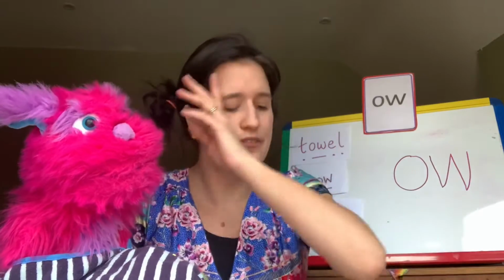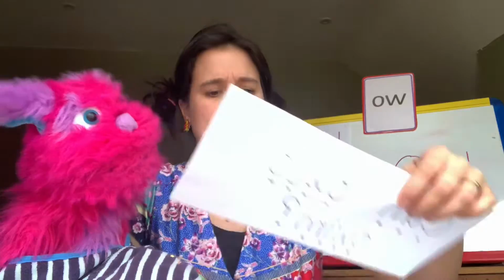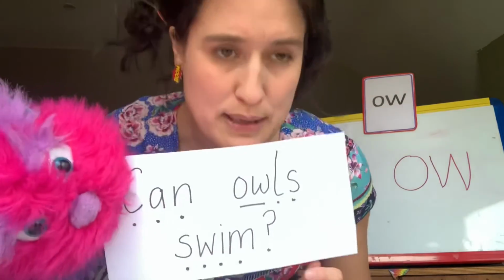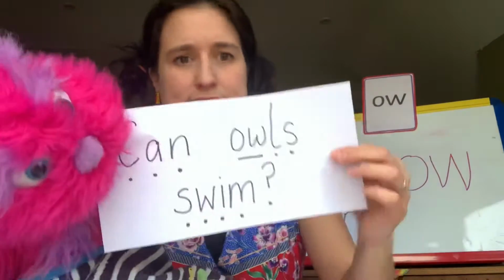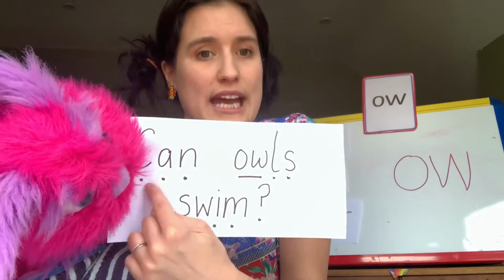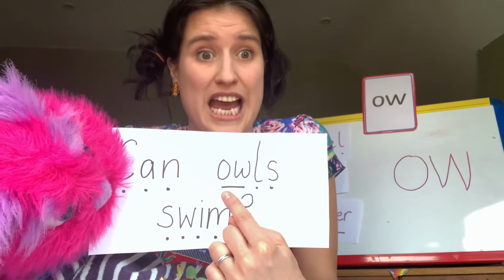Okay, right, Alfie's going to help us. We move a bit closer so we can blend it together. We've got can. We've got the finger space, so then we've got the next word.